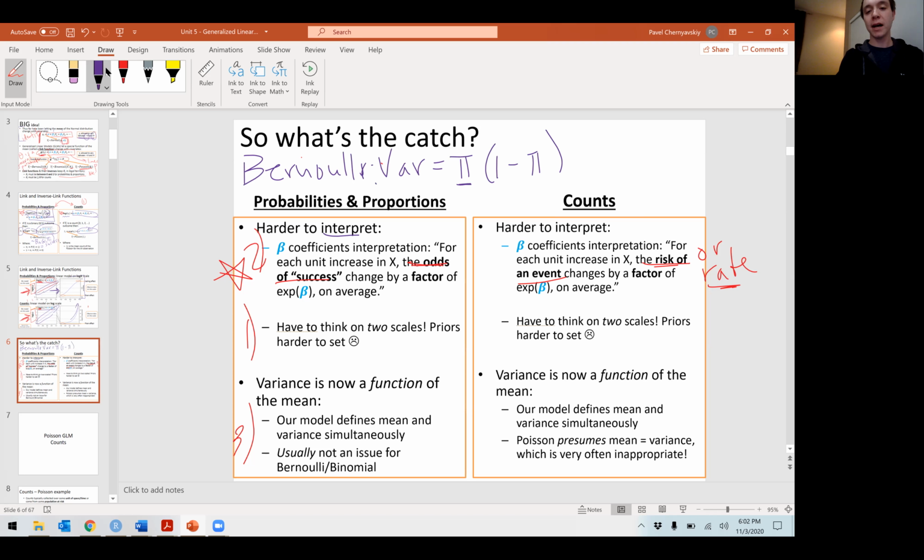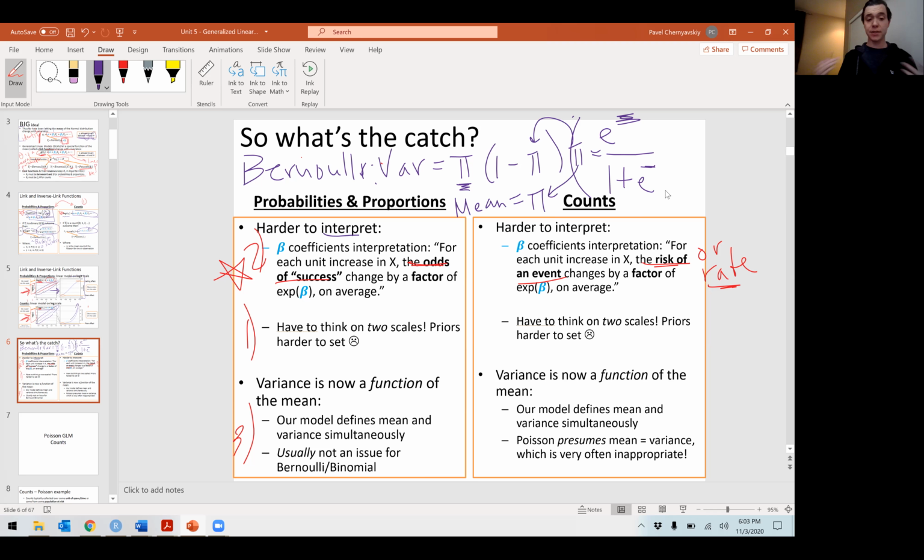So if we have a model for pi, right, our pi is e to the power of something over 1 plus e to the power of something, we're not only changing the mean, which is then pi, but we're also changing the variance.